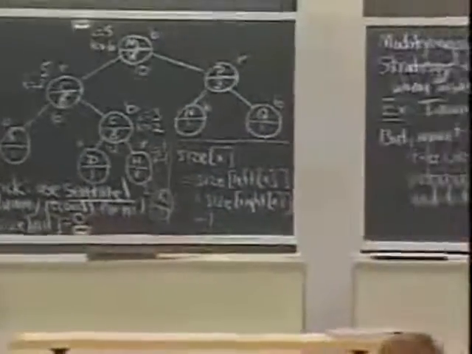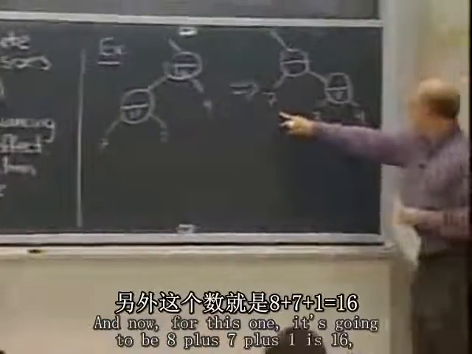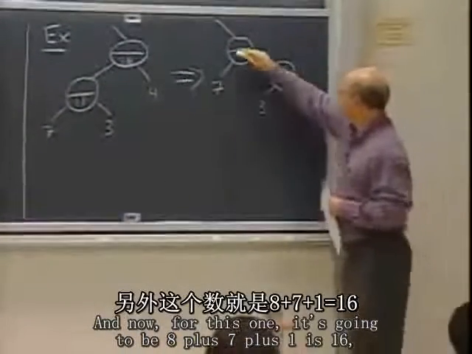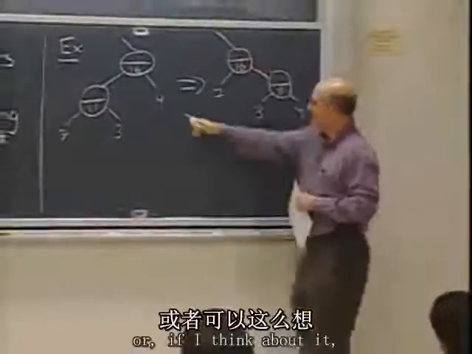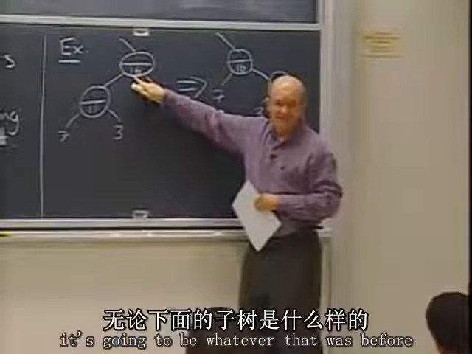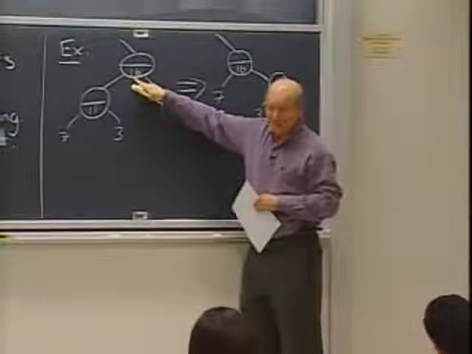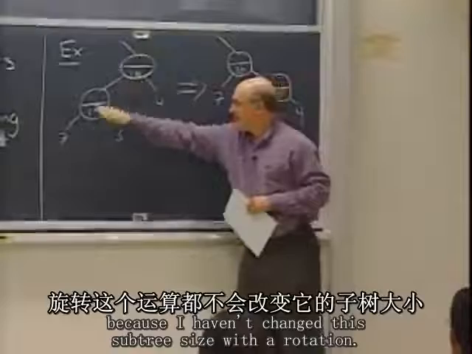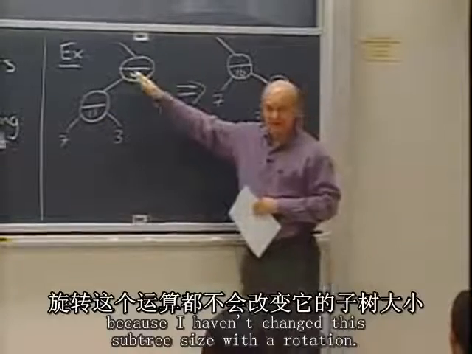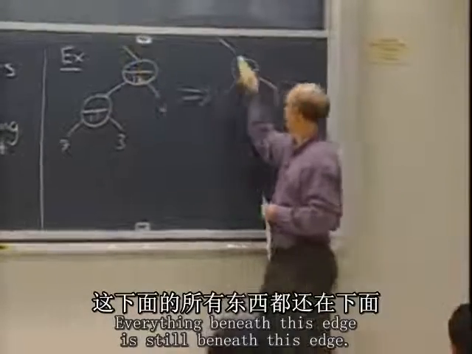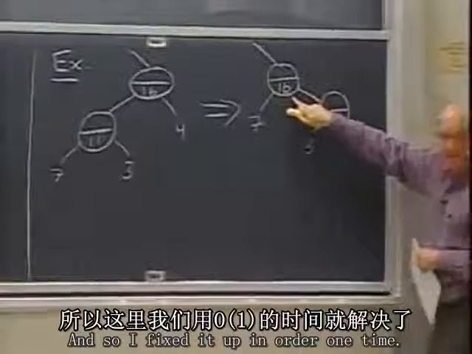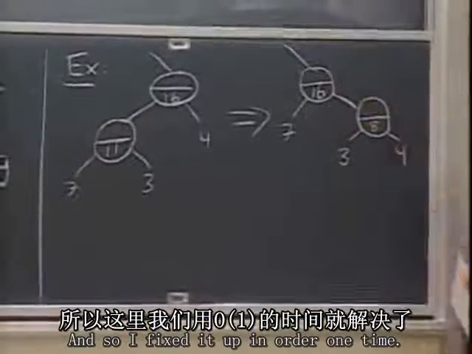And now for this one, it's going to be 8 plus 7 plus 1 is 16, or if I think about it, it's going to be whatever that was before, because I haven't changed the subtree size with a rotation. Everything beneath this edge is still beneath this edge. And so I fixed it up in order 1 time.